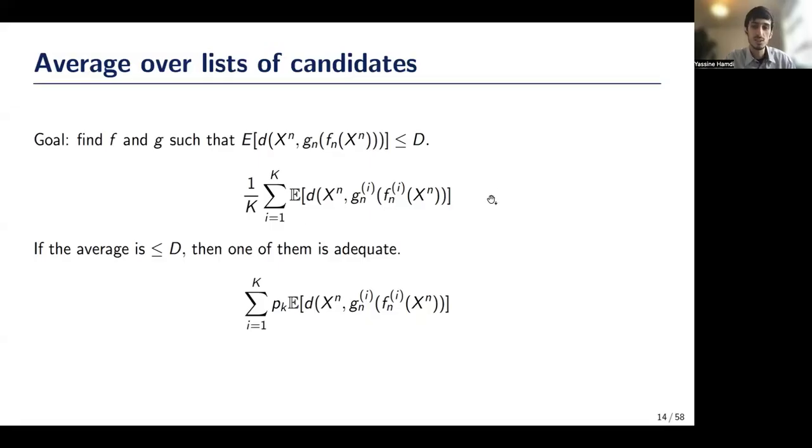If I know that the average is less than D, then at least there exists one choice of Fn and Gn that is good. I might not be able to know which one, but at least I know there exists one. And that's all that we need, essentially. We're going to just prove the existence.